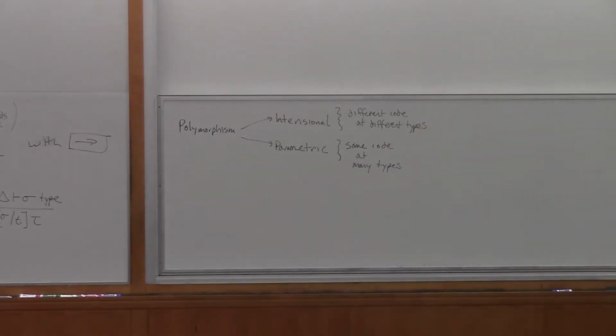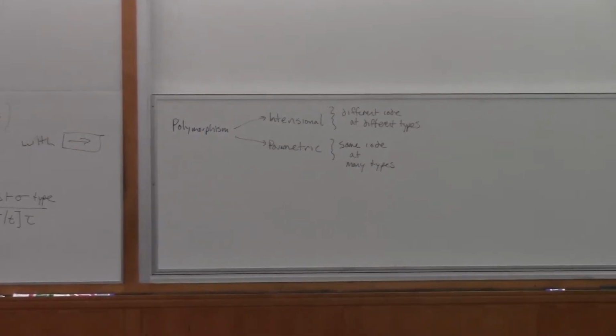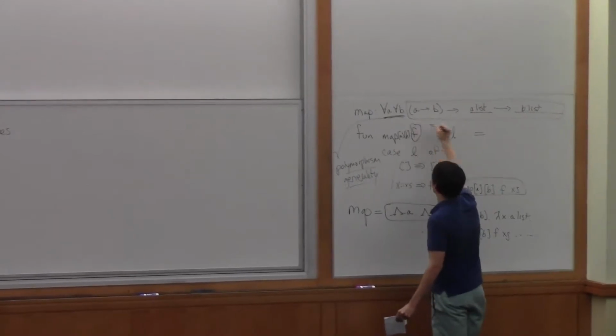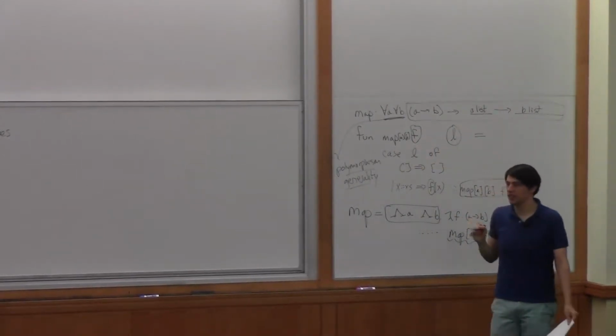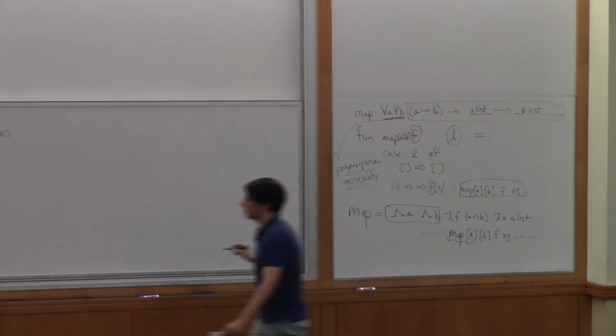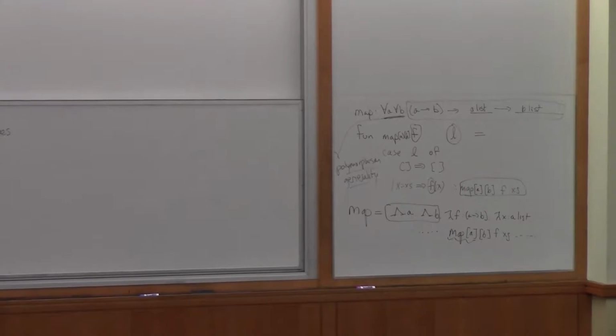So if you think about something like map, we're really doing the same thing no matter whether we call map with int and int, or int and string, or string and int, or whatever. No matter what we do, we're taking a function and a list and applying the function to each thing in the list. So that's an example of parametric polymorphism.